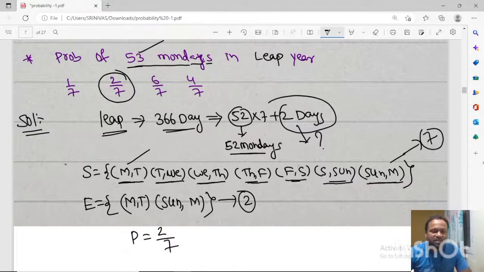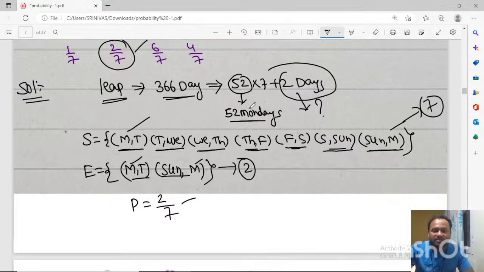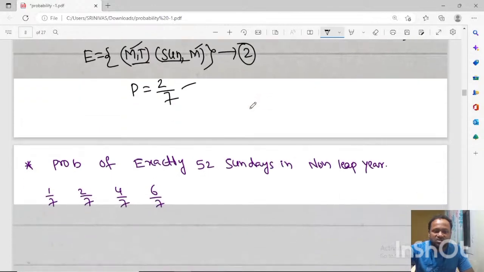I need one day extra, and that one day should be Monday. Here Monday as well as Monday, one more day we will get in this one or this one. So that's why 2 out of 7. The answer is 2 by 7. Okay, you got the point. This is about leap year. One more also we will have.